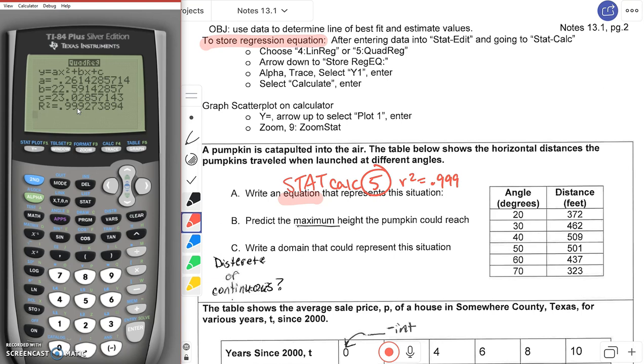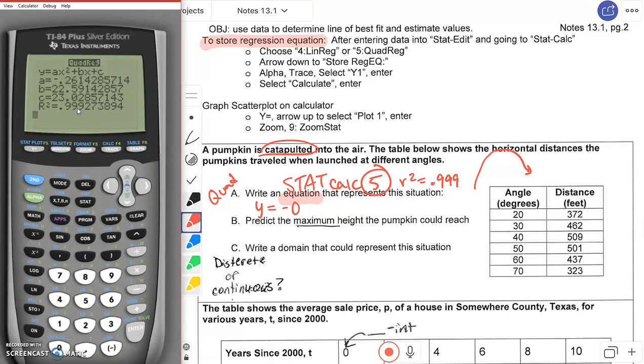The other thing is I catapulted something into the air. When I launch something into the air, it creates a parabola. So I already knew it was quadratic. So I know that I'm going to have a quadratic equation when I know it's something launched in the air. So I want to write this equation. So I'd have y equals, and we're going to take this to the 100th.